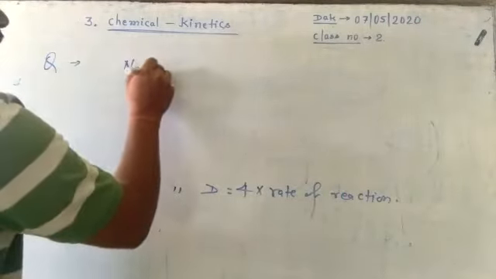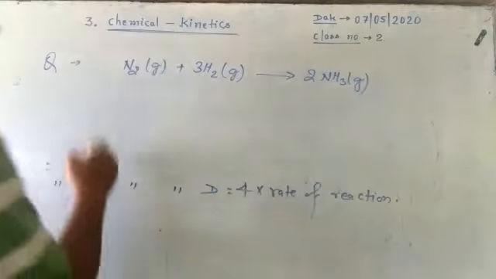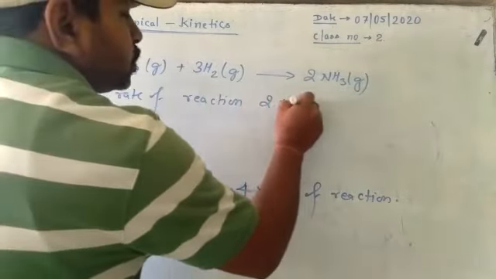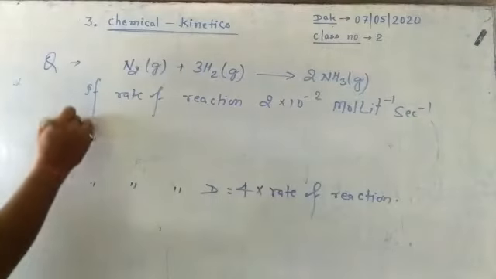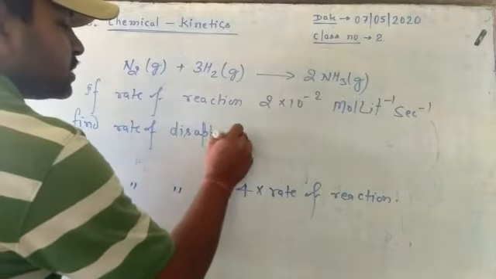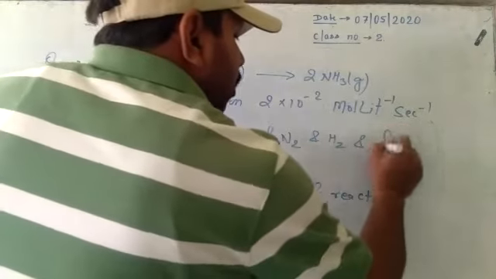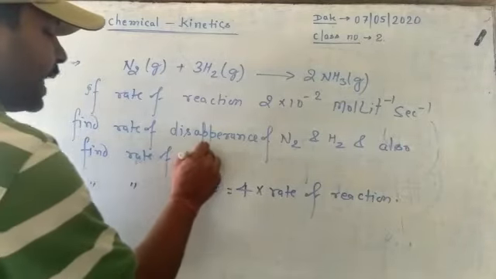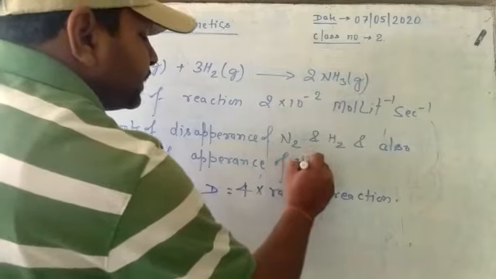Students, if N2 gas plus 3H2 gas gives 2NH3 gas, and the rate of reaction is 2 into 10 to the power minus 2 mole liter inverse second inverse, find the rate of disappearance of N2 and H2, and also find the rate of appearance of NH3.